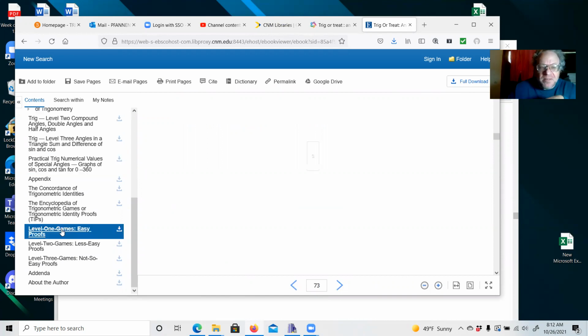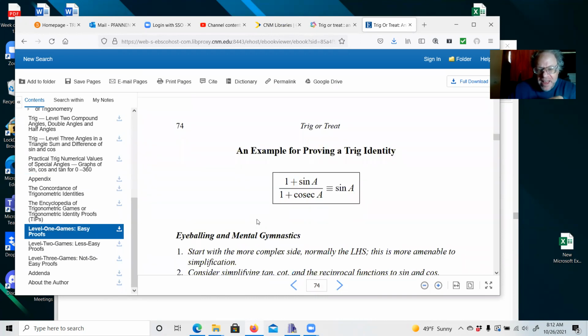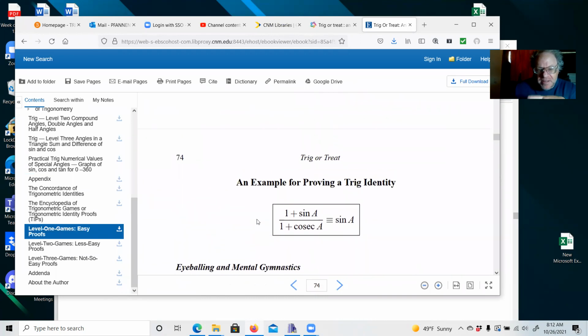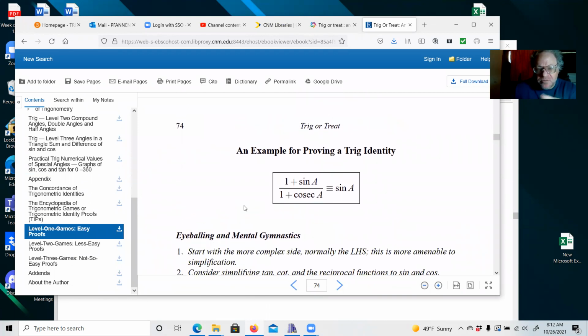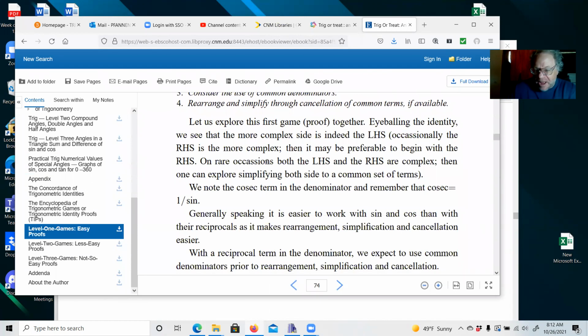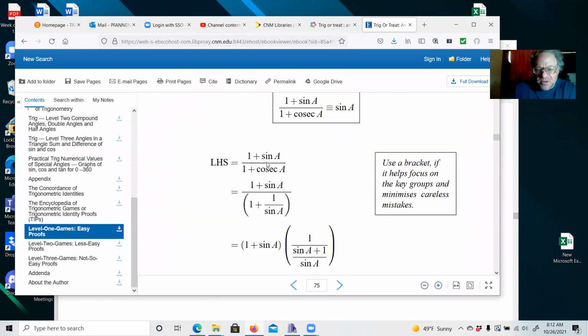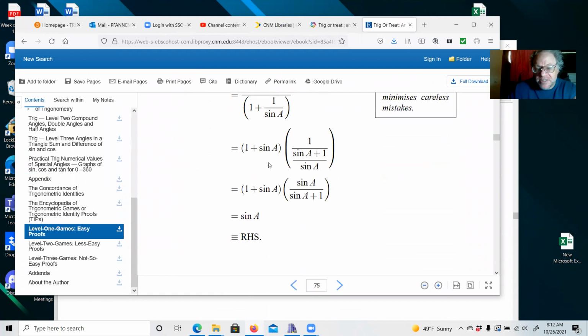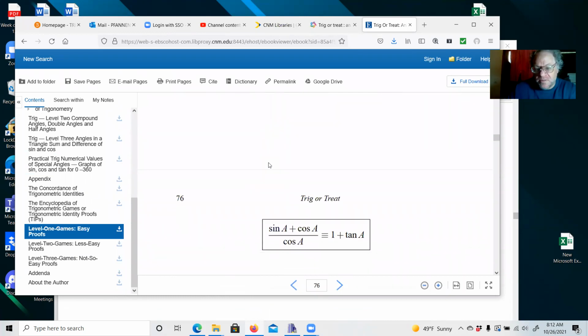I recommend starting with level 1. Just look at the level 1 games here. They pretty much do this for the entire thing. They give examples of how to eyeball something to go through it, and then a couple of examples. Actually, I think they provide answers to all of them.